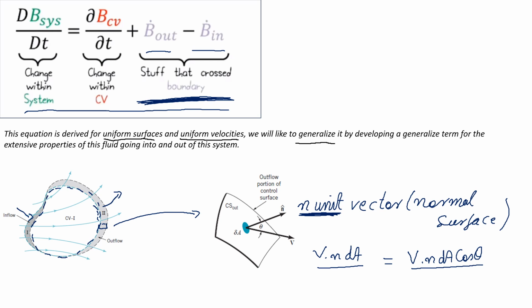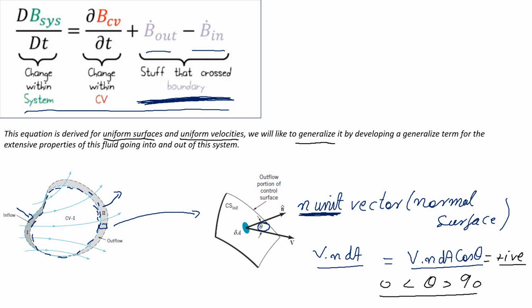What is it telling us? If this theta is between 0 and 90 degrees, then we will get a positive result.